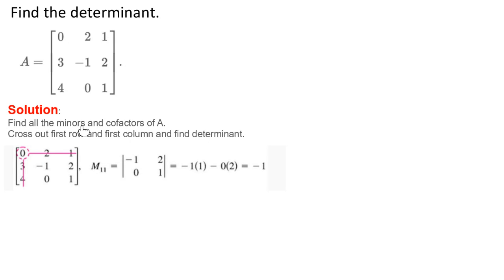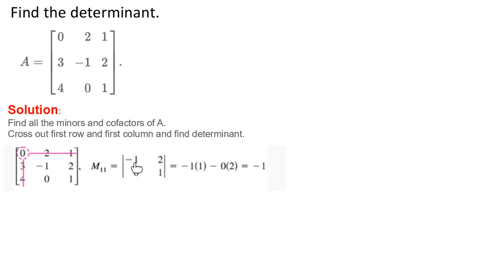The minors are going to be done the following way. If I start with 0 here, and I cross out the row that it's in and the column that it's in, then notice that I'm left with a 2 by 2. And so I would find the determinant for this 2 by 2 that is left over.